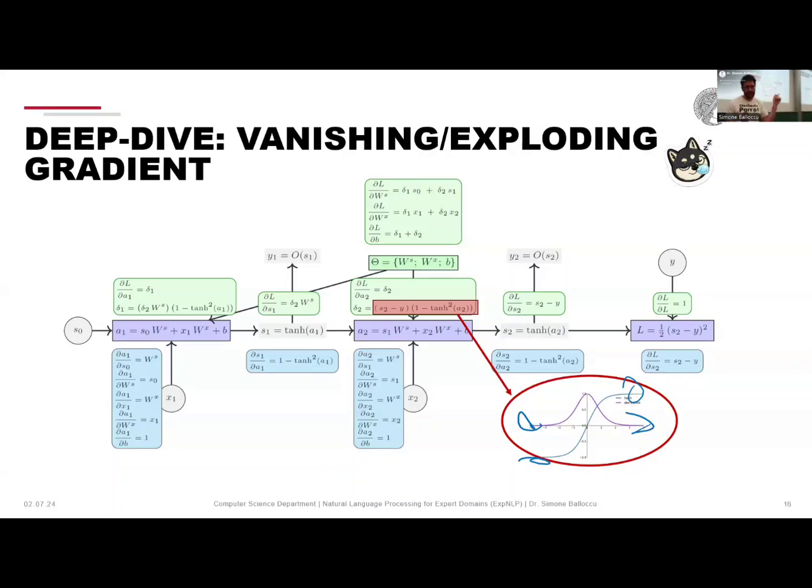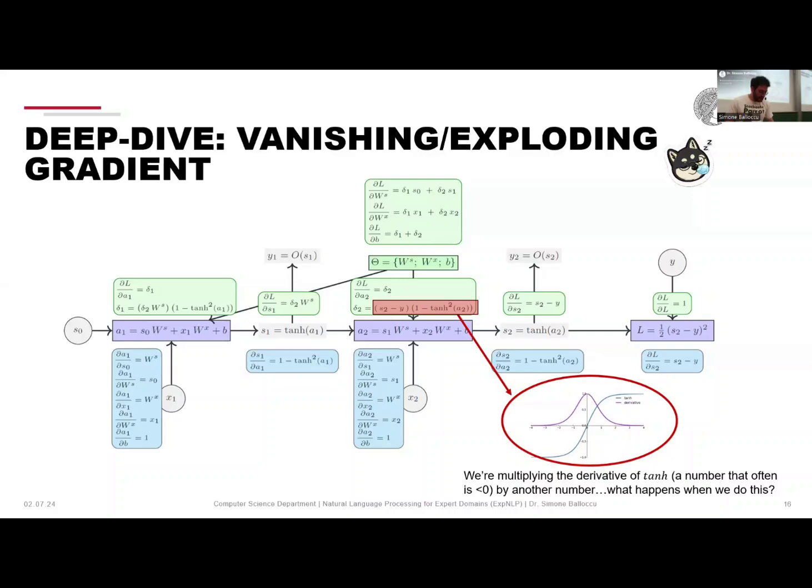You never touch it, but you get closer and closer to zero. Now, what happens when we multiply a value which is smaller than 1 by another value? It gets smaller, it shrinks. So we're multiplying by the derivative of the hyperbolic tangent, which is a number often smaller than 1, by another number, and it shrinks.